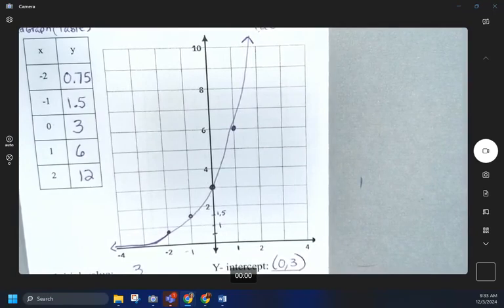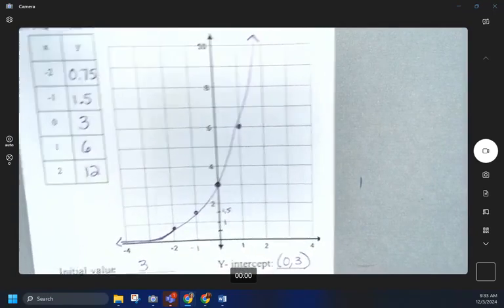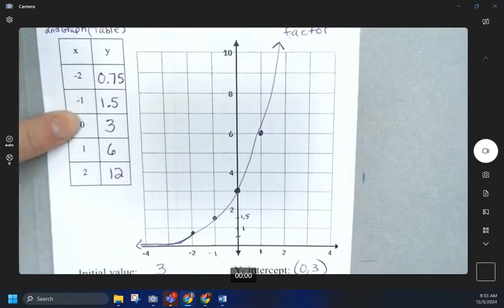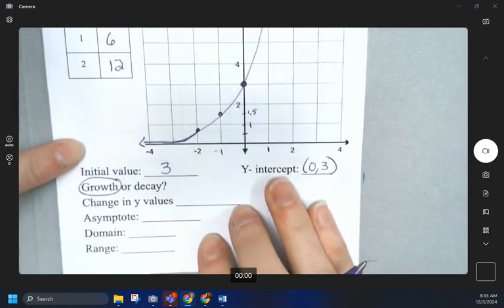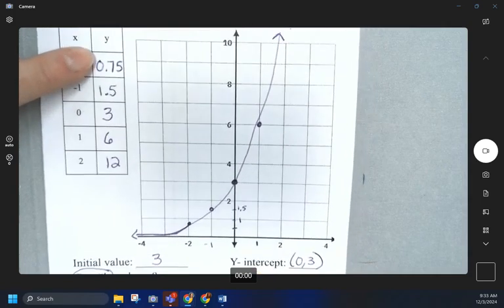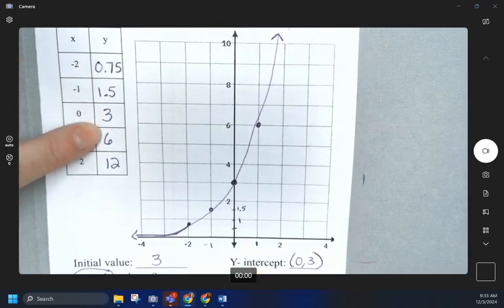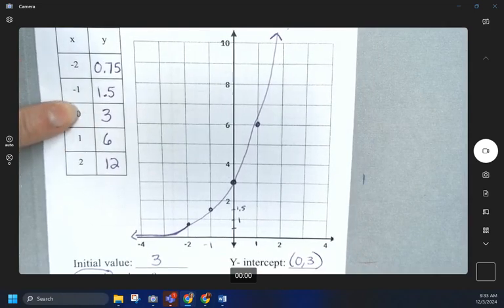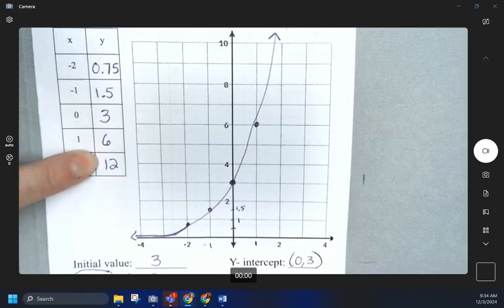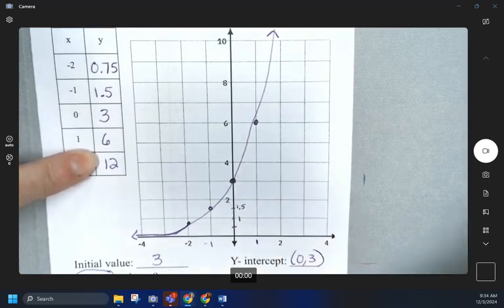Now we just need to answer the questions. So our x values are just increasing by 1. And then our y values. Look at our y values. Let's start at the y-intercept, 0, 3. It goes from 3 to 6 to 12. What is the change in the y values?